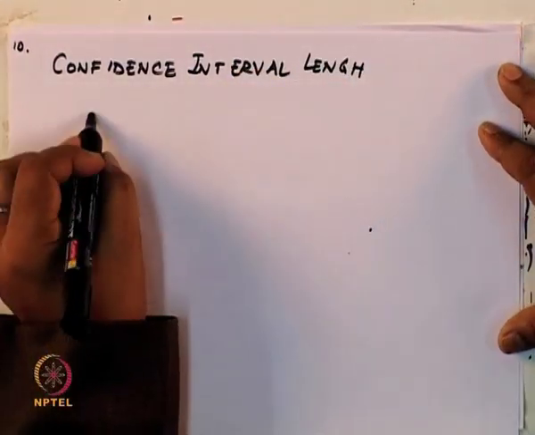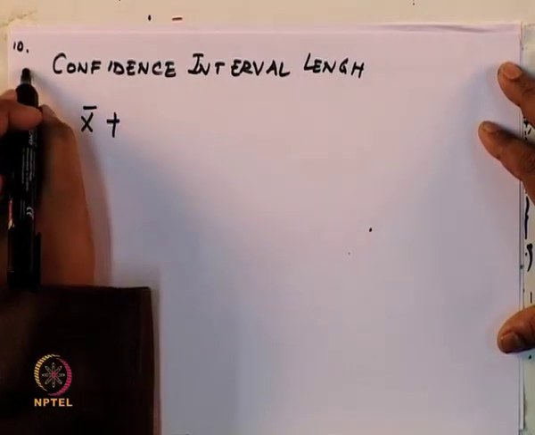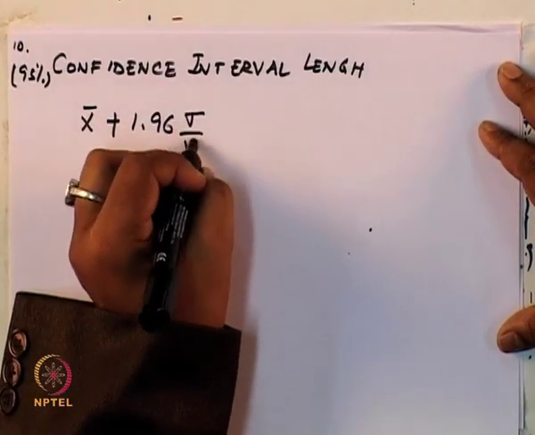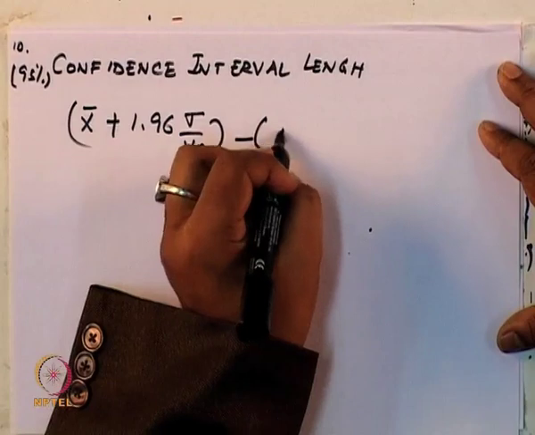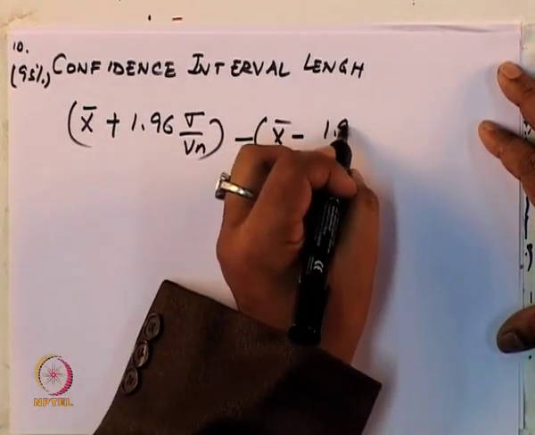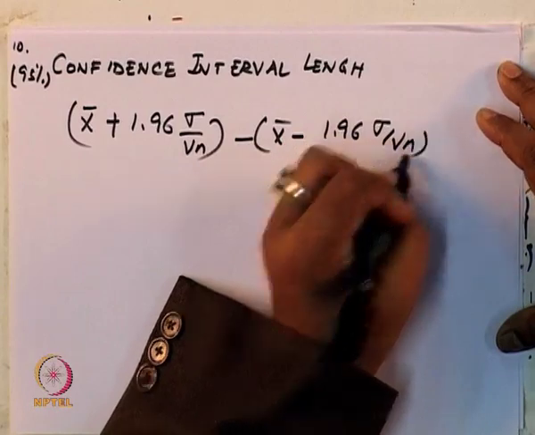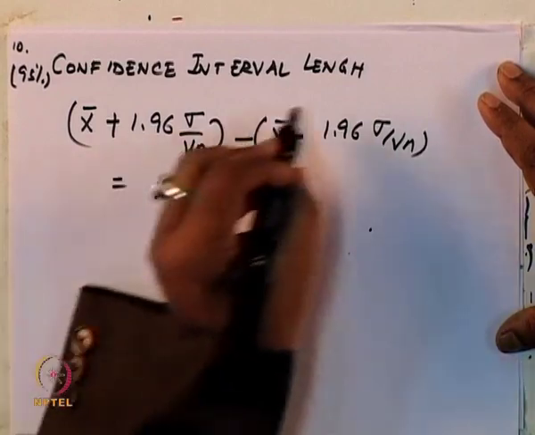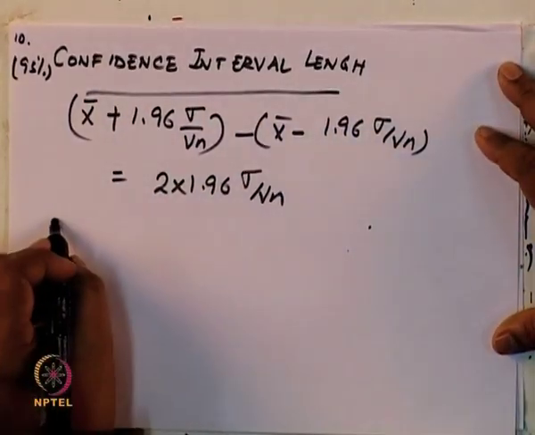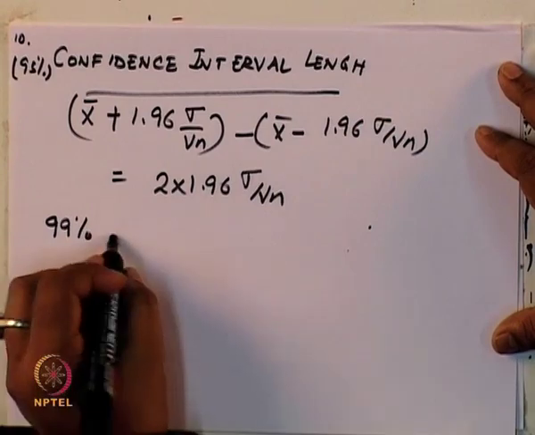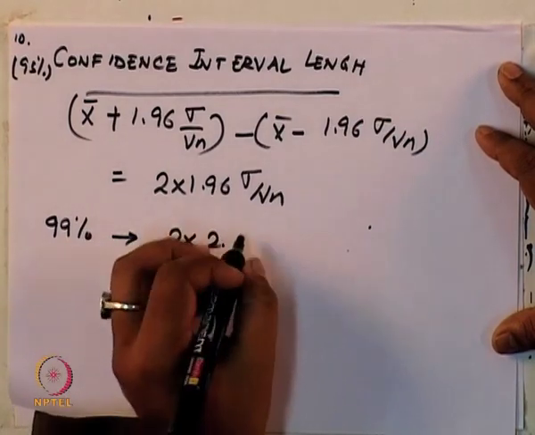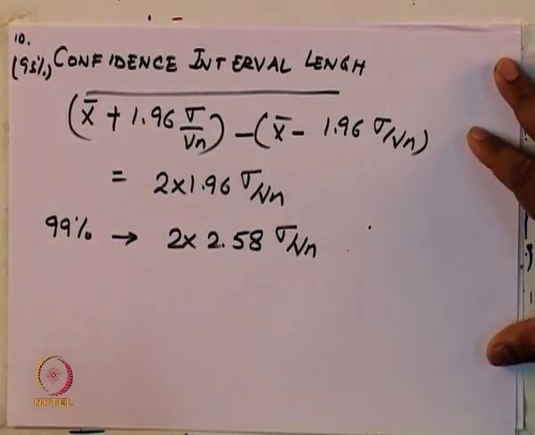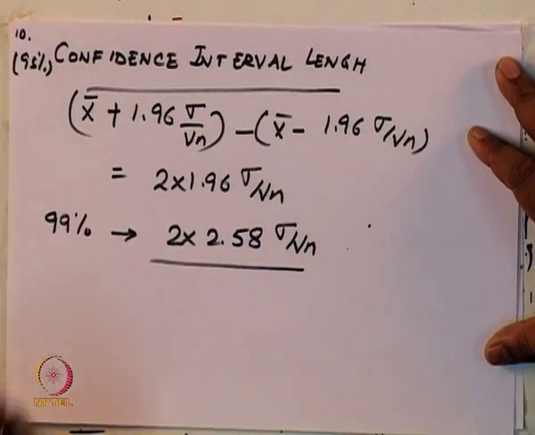If you want a 95% confidence interval length, it is basically x bar plus 1.96 sigma by root n minus x bar minus 1.96 into sigma by root n. This is 2 into 1.96 into sigma by root n. So, this is your confidence interval length. So, accordingly, for the 99% confidence interval length, this will be 2 into 2.58 into sigma by root n. Let us consider a simple example, and the question is as follows.